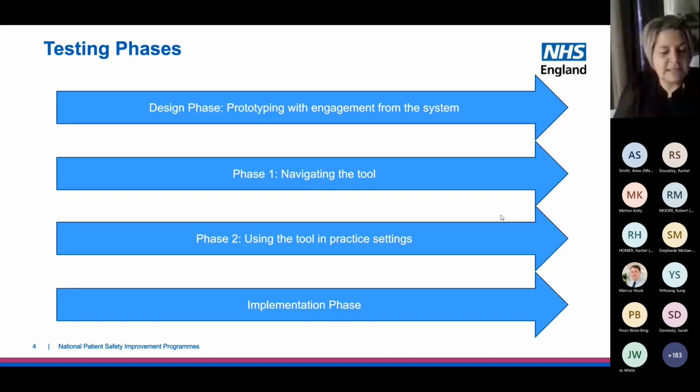So the testing phases. We began this journey very much looking at the 2015 NEWTT that was already being used across England and our devolved nations, but then wanting to understand how we can make this tool better, and make the adoption and spread of the original NEWTT a much more collaborative effort across the country.